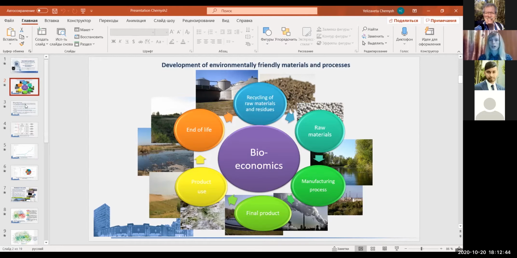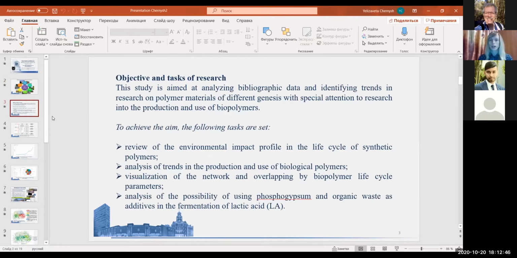And so, our investigation was conducted with analysis of bibliographical data to identify trends in research on polymer materials of different genesis, with special attention to research into the production and use of biopolymers.